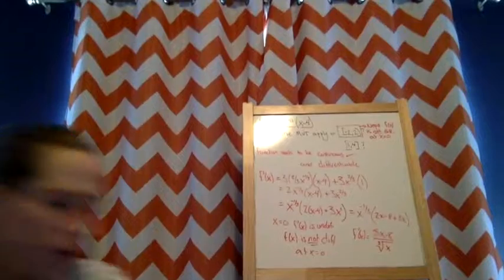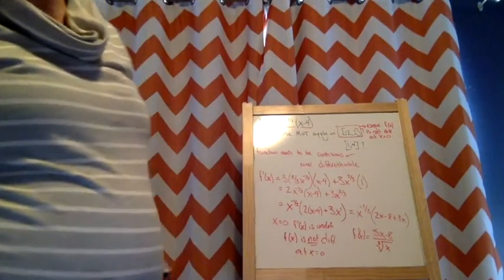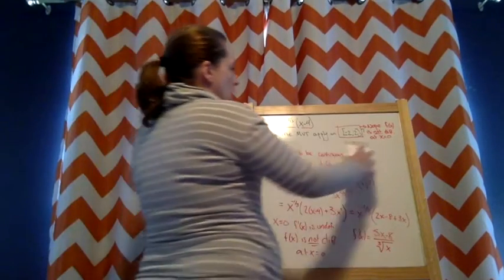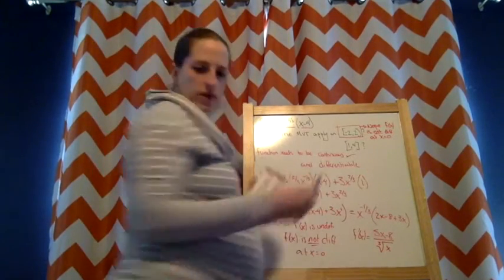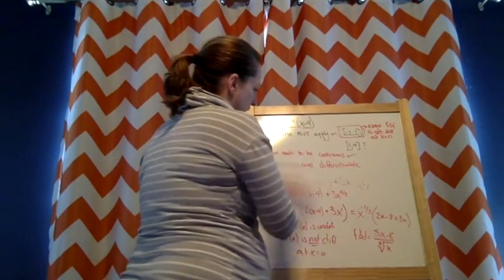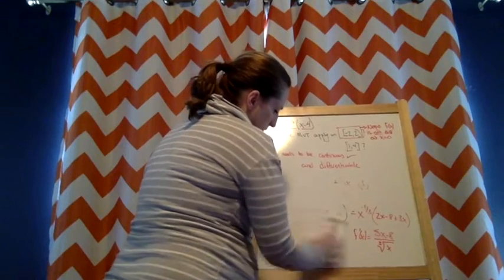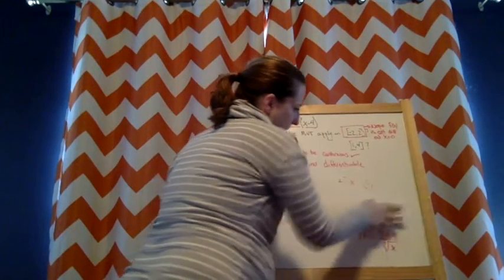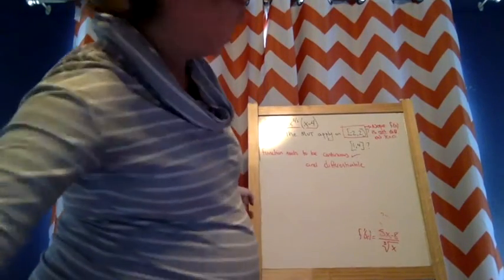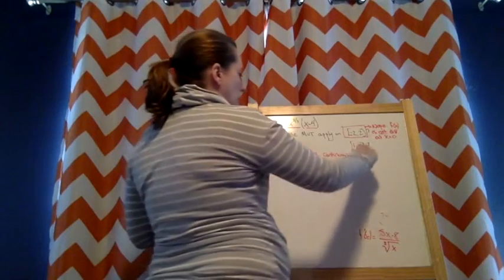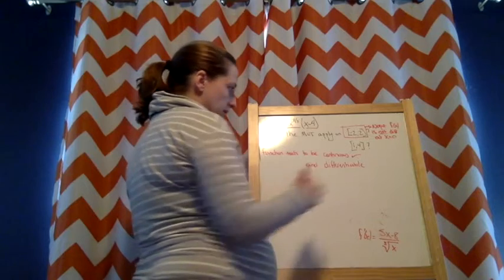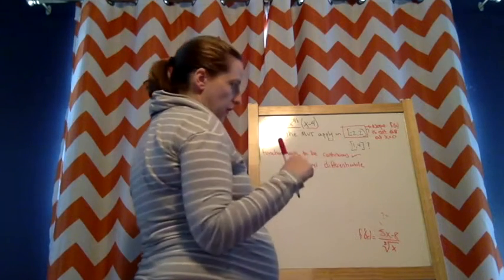Okay, so now let's consider the other set of points we have there, 1, 4. So let's look at 1, 4. I'm going to erase everything down here except for our derivative, because we'll still need that. Okay, well, since our function, 3x to the 2/3 times (x minus 4), is still continuous everywhere, it's going to be continuous on that interval 1, 4.